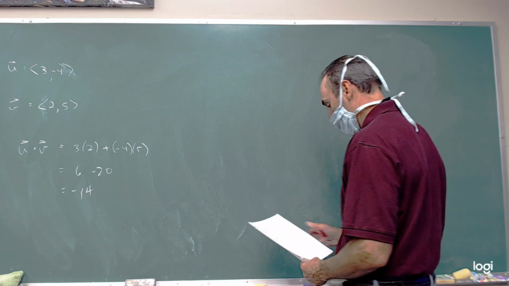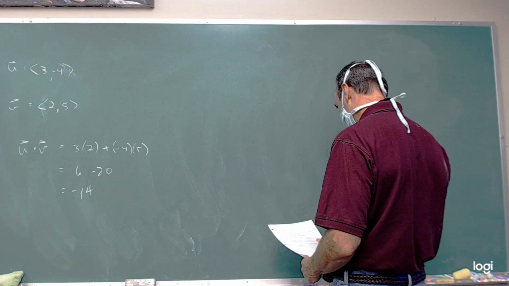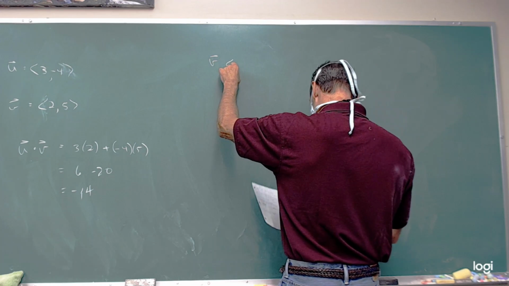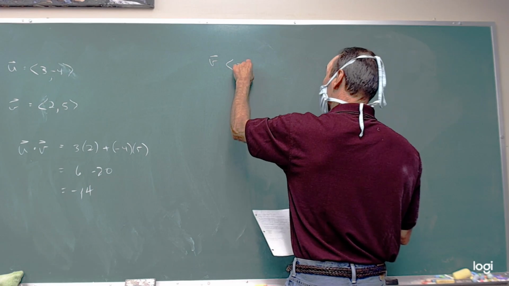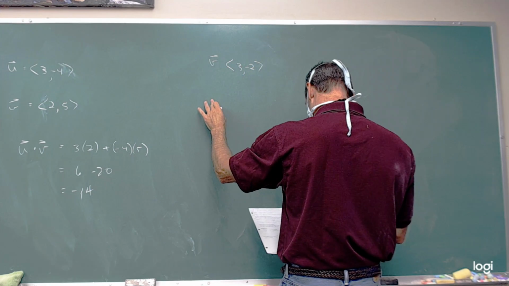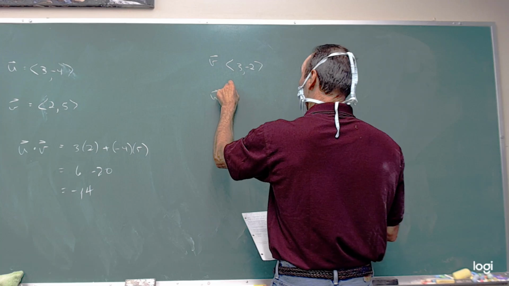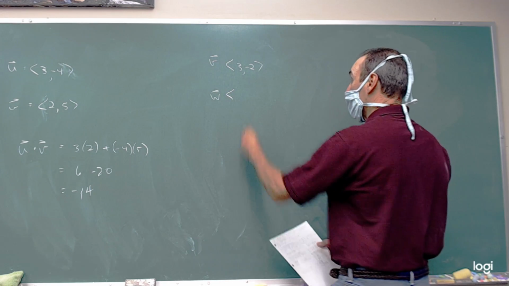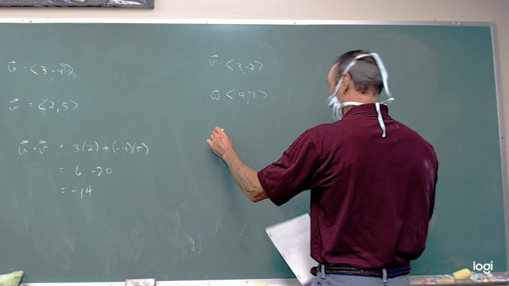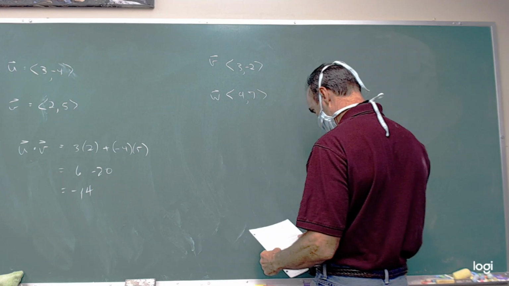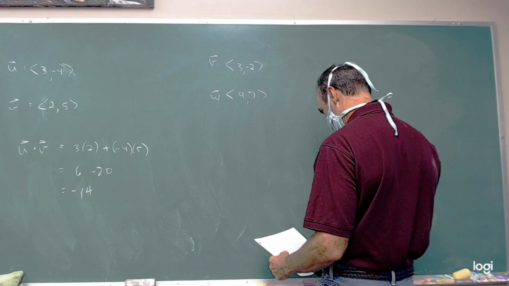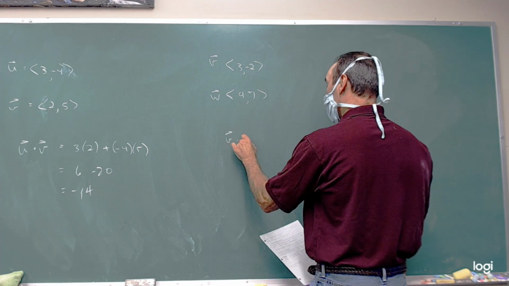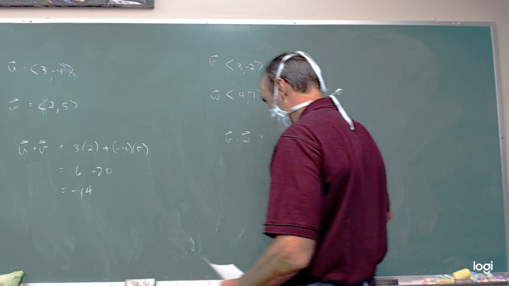So, suppose we have v is going to be the vector 3, negative 2, and w is going to be the vector 4, 7. Find their dot product. As you practice.